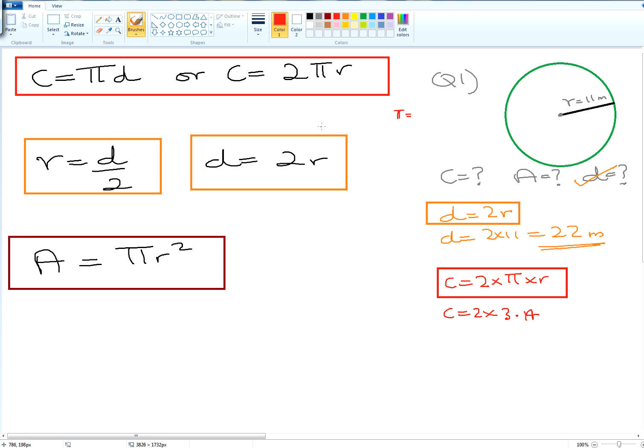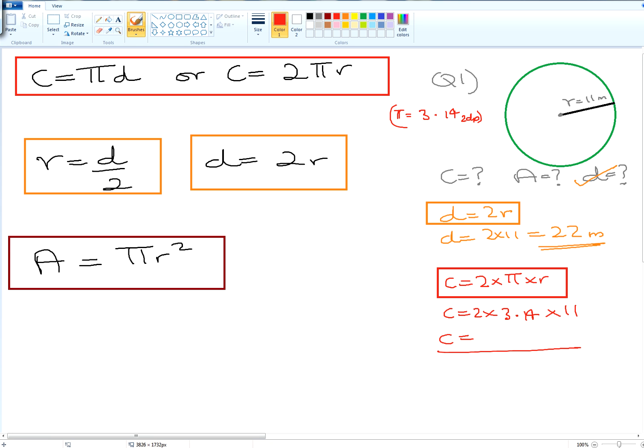It's a constant of proportionality, and pi is equal to 3.14 if you round it to 2 decimal places. Times the radius, but you can also use the pi button on the calculator. Times 11. So for this calculation here, we have to use the calculator.